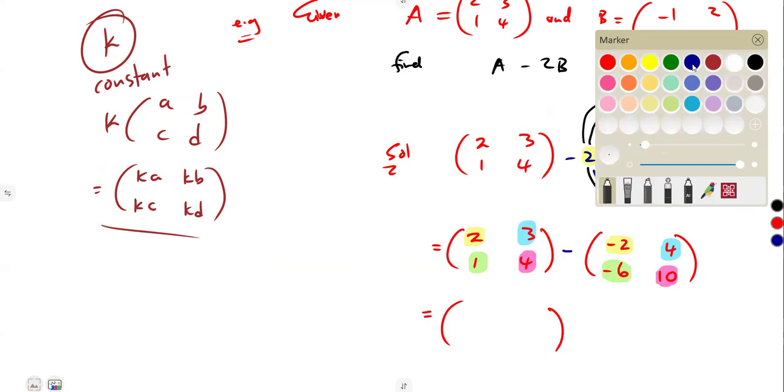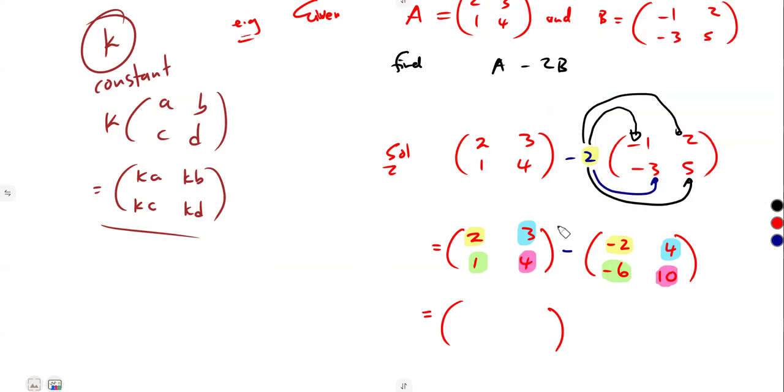We have got the same order, a 2 by 2 and a 2 by 2. So you can simply subtract. 2 minus, you are subtracting minus 2. That's a minus and a minus, which is going to give us a positive. So that's 2 plus 2.